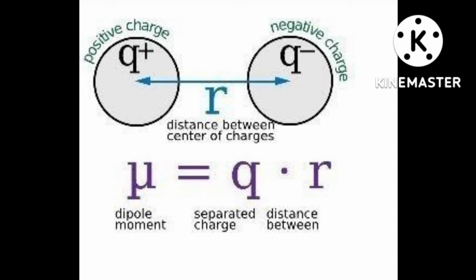As a result of polarization, meaning charge development, the molecule possesses the dipole moment, which can be defined as the product of the magnitude of charge and the distance between the centers of positive and negative charge.